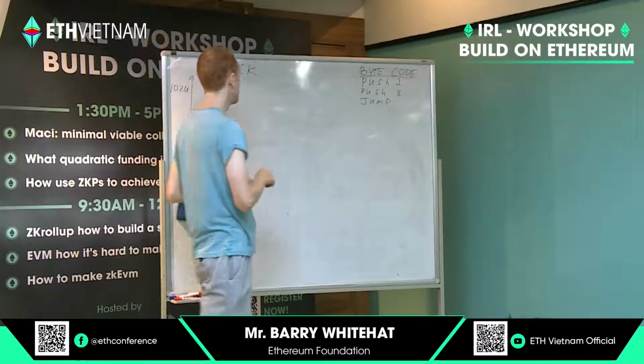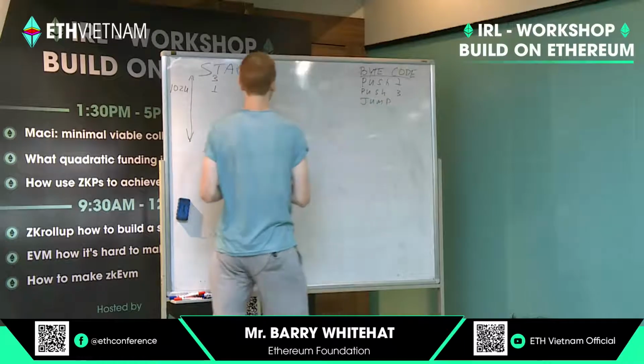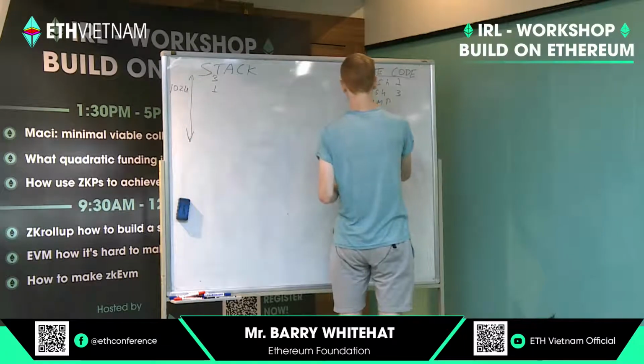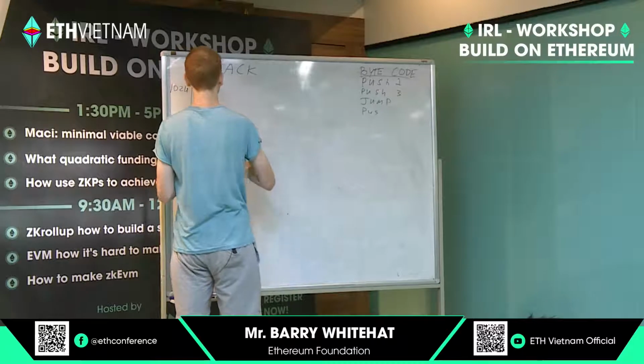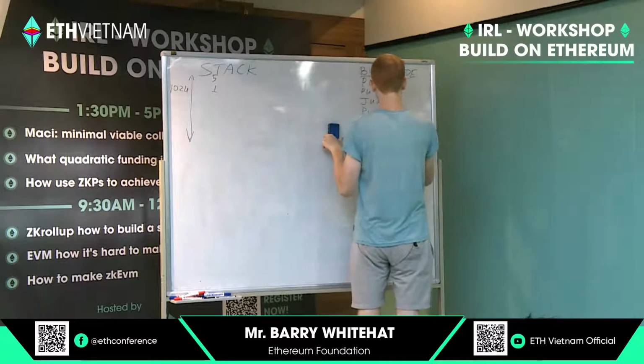Okay, so we do push 1, push 3, then we do jump. So let's have some other opcodes here. So I want to jump to 5. So let's have some other opcodes here.